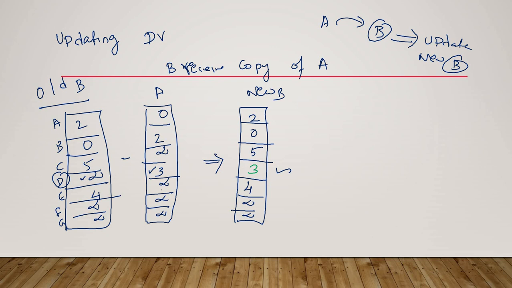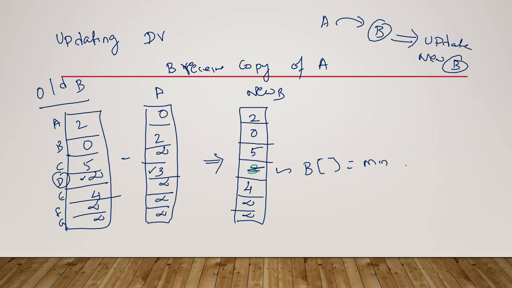So the distance is 3 between, so already what is the value we have, sorry, we have to apply the Bellman-Ford equation here. So directly we can't update the value as 3. So instead of that, we have to apply the Bellman-Ford equation. So what is the Bellman-Ford equation?